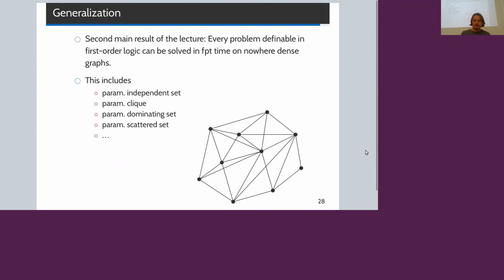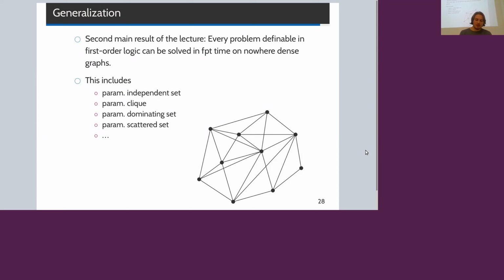So if we want to quickly sketch what the second result of this lecture is going to look like, it's going to be as follows. We show that every problem definable in first order logic can be solved in FPT time on nowhere dense graph classes. And this basically is a parameterized version of the result that we discovered already for tree-like graphs. So on tree-like graphs, you can solve independent set efficiently.